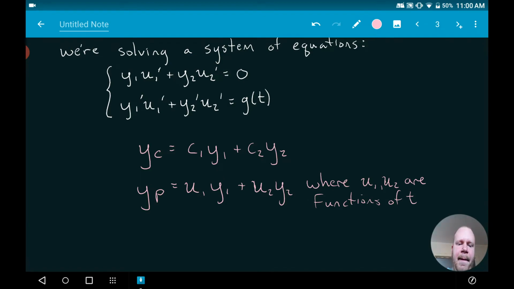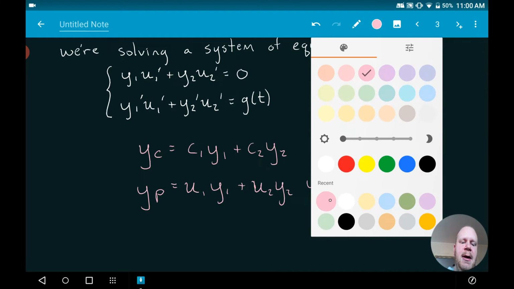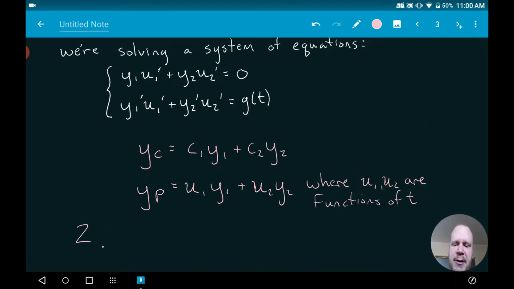So the way that we connect this idea to this system of equations is we have two restrictions. So we're going to have two formulas and two restrictions that we can impose.